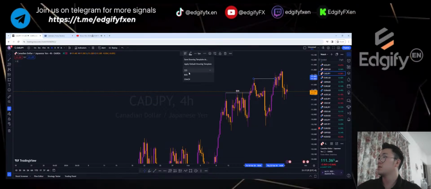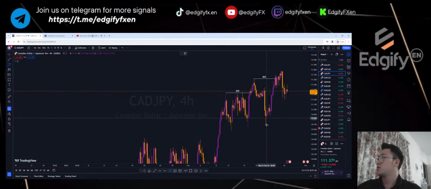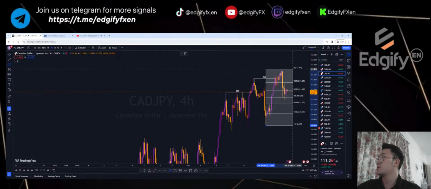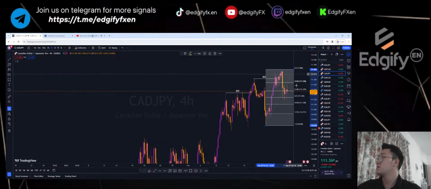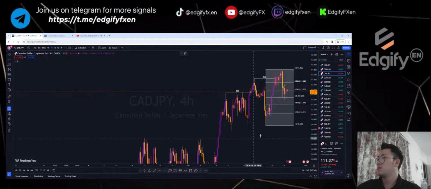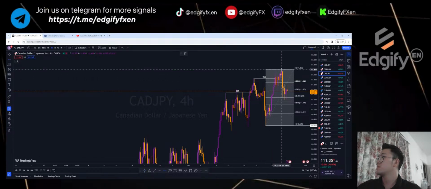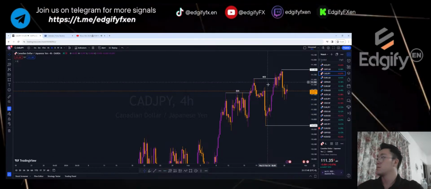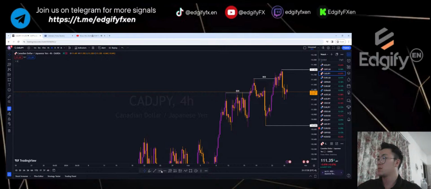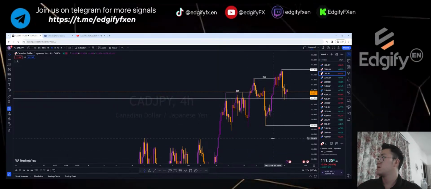Then we also have this breakout structure, which then we are basically looking at this level. Price has stepped into the 50, which is around here.